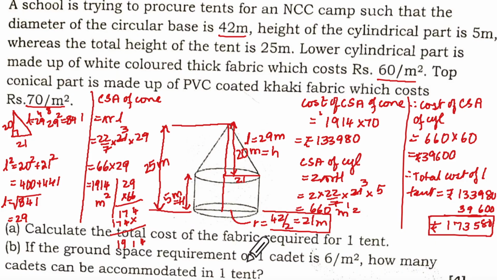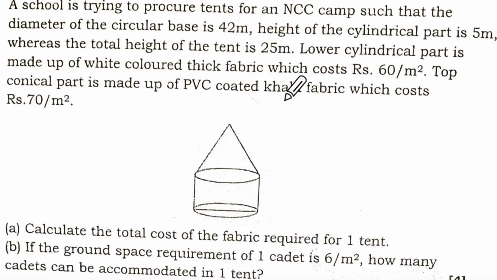Okay. What is that? If the ground space required for one cadet is 6 per meter square, how many cadets can be accommodated in one tent? Okay, now we understood up to there. Now the ground is going to be a circular part, right? Yeah. So I'm just going to clean this part and come to B part, and I'm going to say area of base is going to be pi r square, which means 22 upon 7 into 21 into 21.